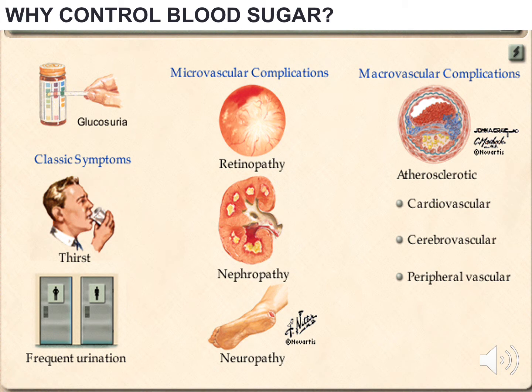So why control blood sugar? Because of the complications. Remember I said that glucose is toxic, and glucose tends to bind to our proteins, especially the basement membranes of the proteins that make up the many tissues in the body, including the retina and the capillaries, or the blood vessels, that supply, for example, the glomerulus of our kidneys or the small blood vessels that supply our nerves.